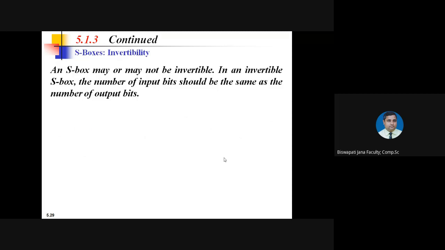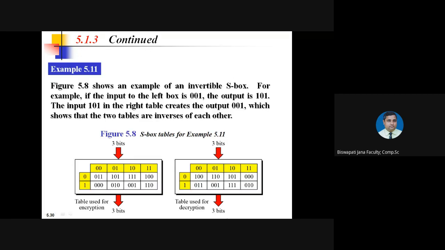Substitute means we can replace one value with another value, and thus an S box may or may not be invertible. How? Suppose you have taken this one. In the input level, we have taken 2 bits: 00, 01, 10, 11. And on the right hand side, we have taken 3 bits.